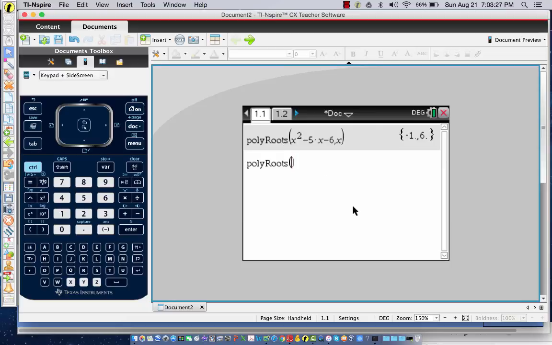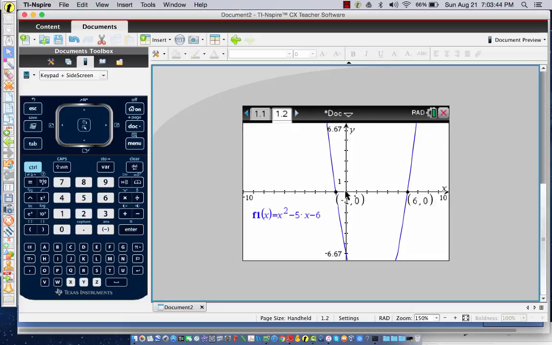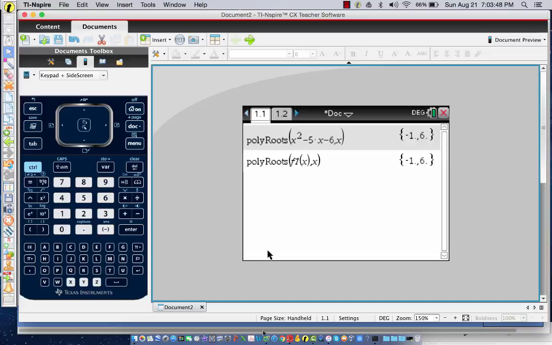But I can type in f1 of x, put that in parentheses, comma x, enter, look, I get the roots. Because the calculator knows, since we're in a document, we're referring to this function. So a great tool that we can have. Very, very powerful, especially later in the course.